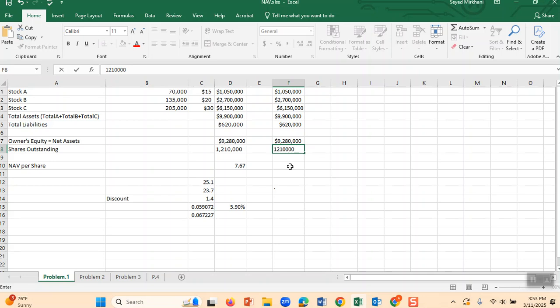These are the shares. Therefore, I put an equal sign, click on the net value, divide by this number, and then I click enter. That is the value of each share of this company. Do you see how nicely I used Excel to do that?